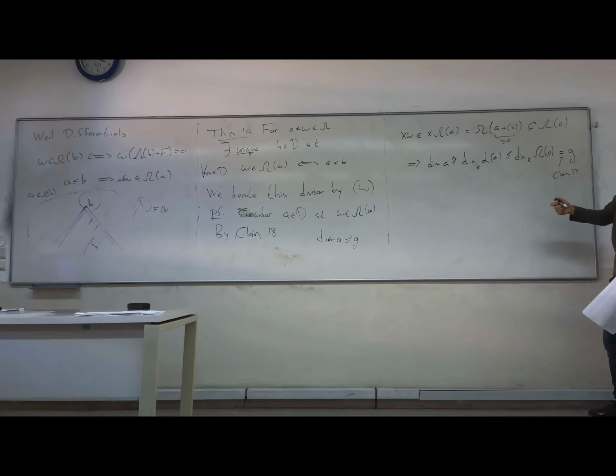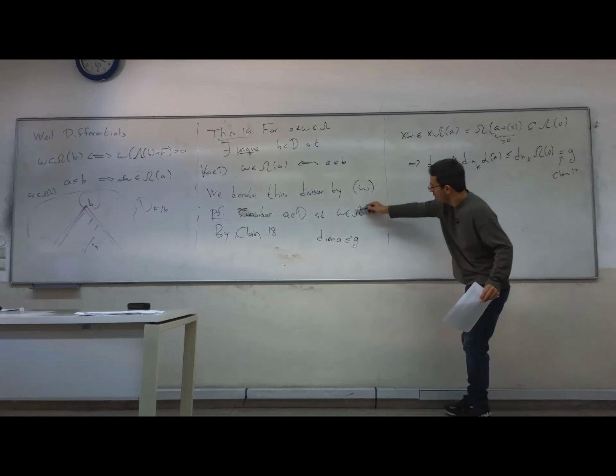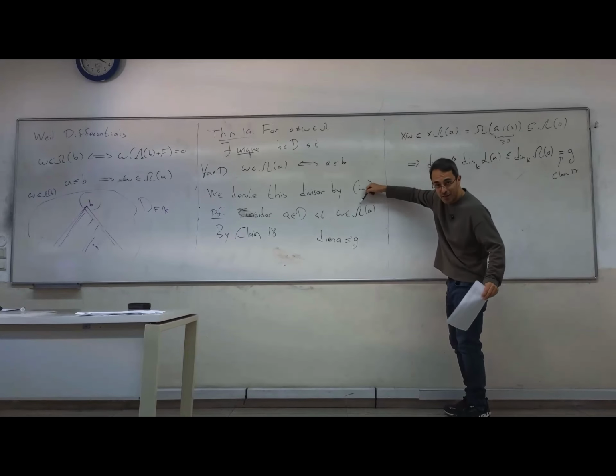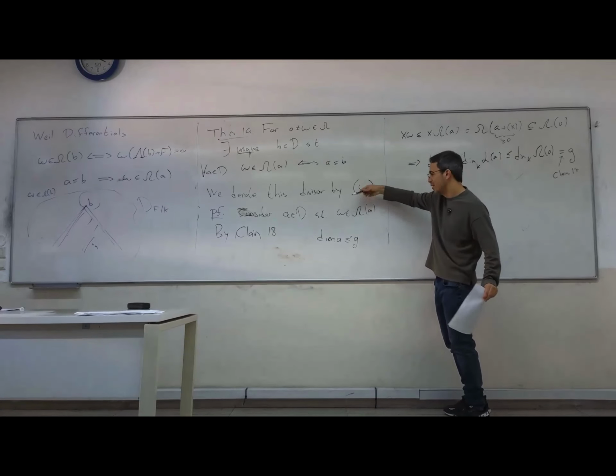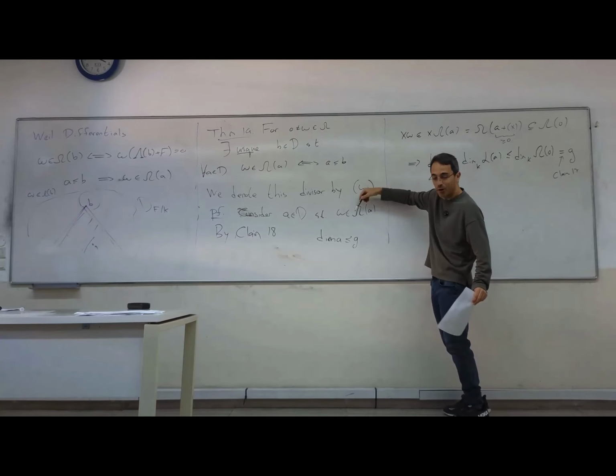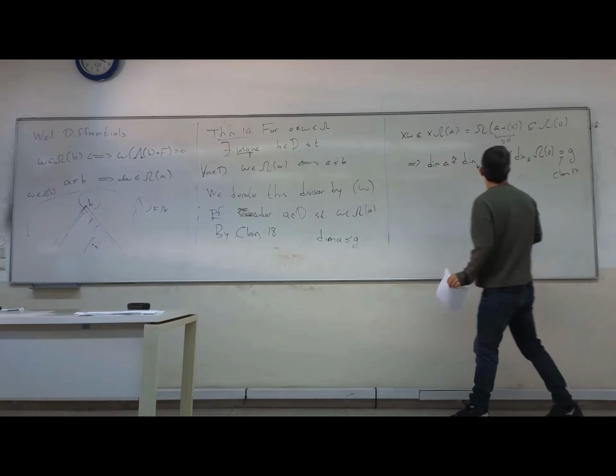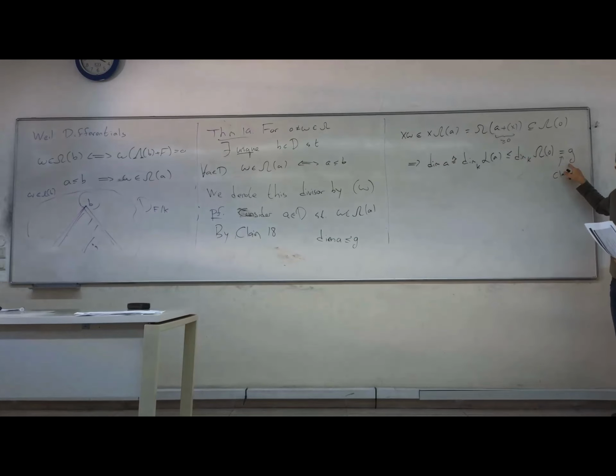We said if the omega space of a divisor is not empty, and omega is not 0, then it can't have a large dimension. Because that's what we proved.